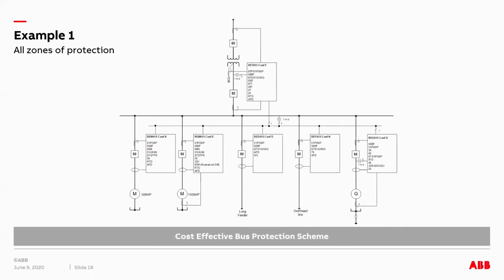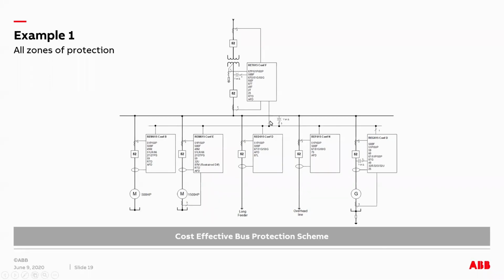Now, with the 61850, we can adopt a cost-effective bus protection, thus eliminating a dedicated bus protection relay, as you can see here. So we can utilize the current information from the main, the generator, and the other outgoing feeders, and then we can create a bus protection scheme logic within the device here at the incomer relay, which will look for the current flow into the bus and out of the bus.